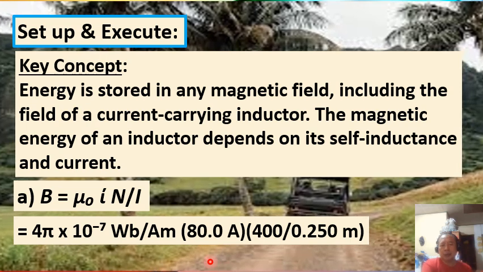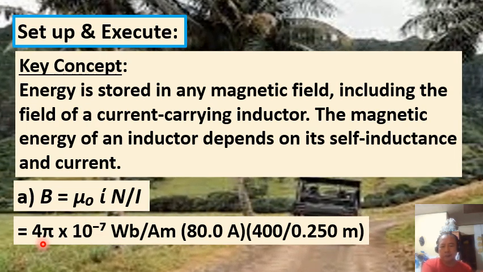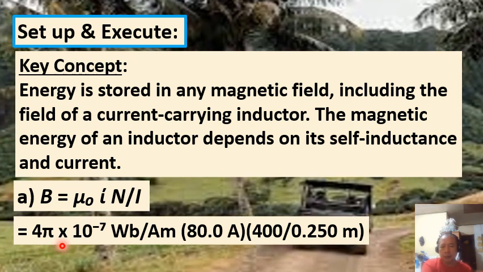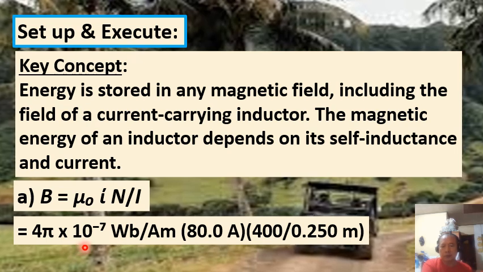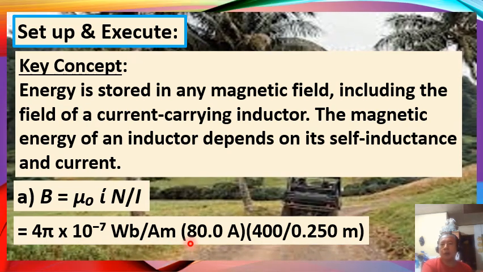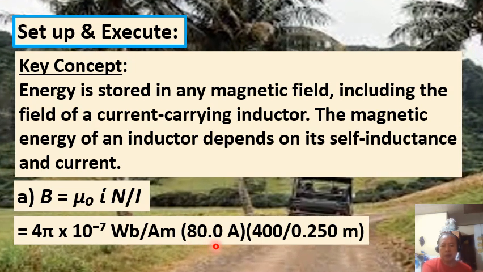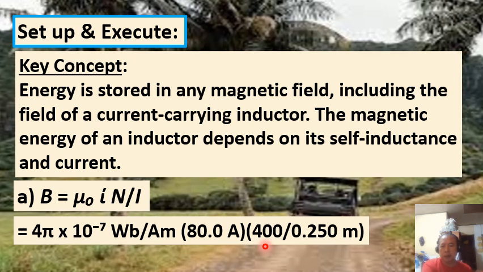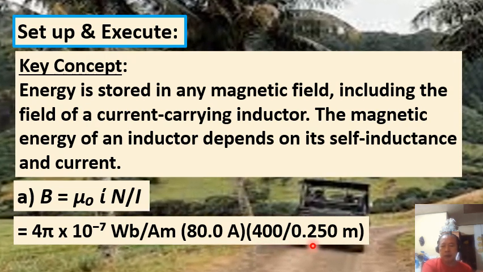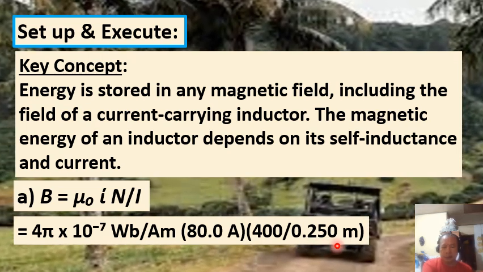So plugging the quantities into this formula, we have the value of mu naught, which is 4 pi times 10 raised to the negative 7 Weber per ampere meter, times the current small I, 80.0 amperes, and multiplied by N over L, or 400, divided by 0.250 meters.